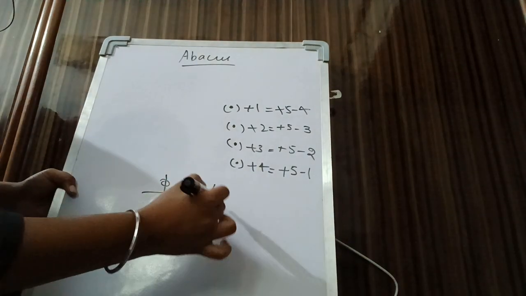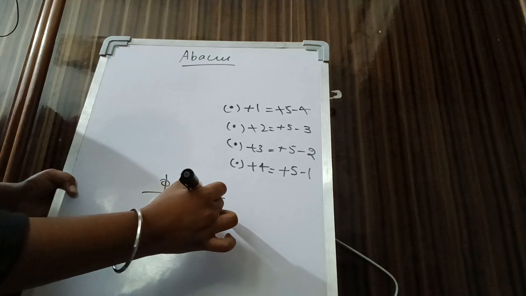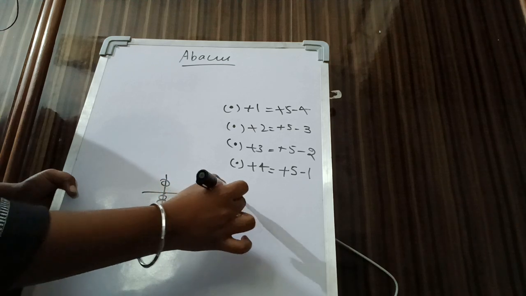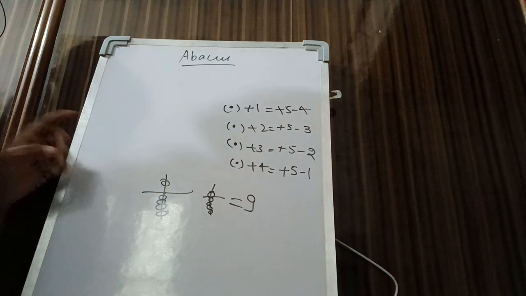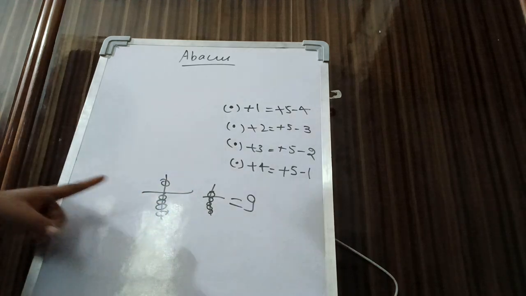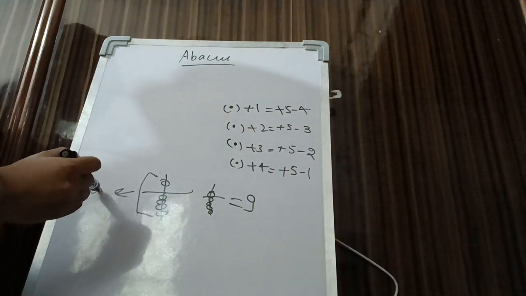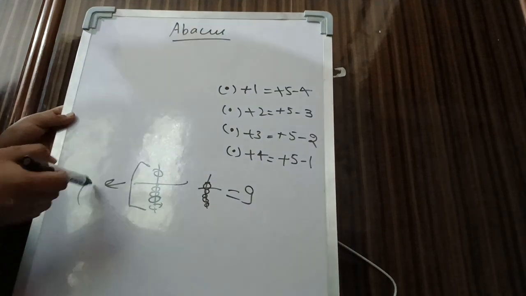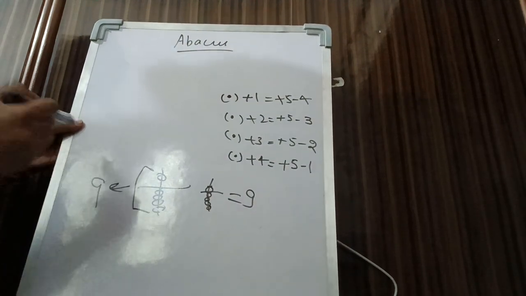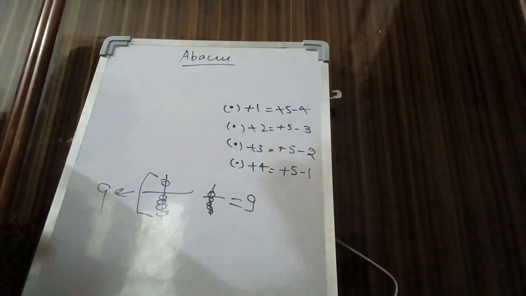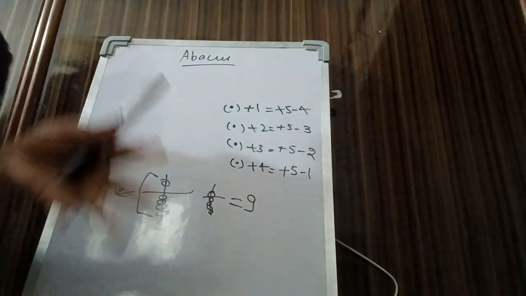So plus 5, we normally do that. 5, 4, 3, 2, 1, that is 9. So in every bar the value of the beads is 9 altogether, right? So this was the ones digit part.